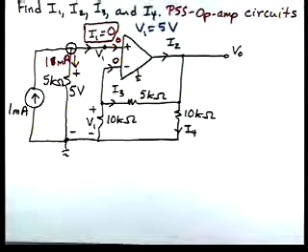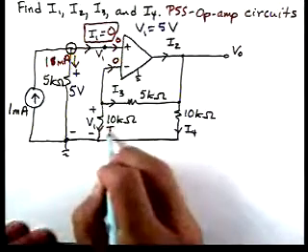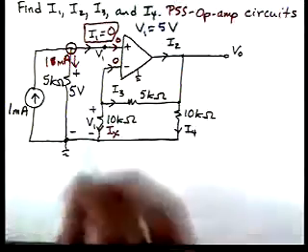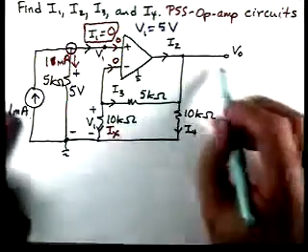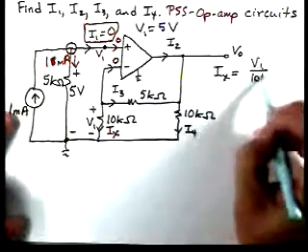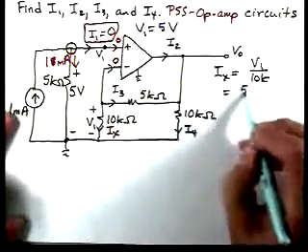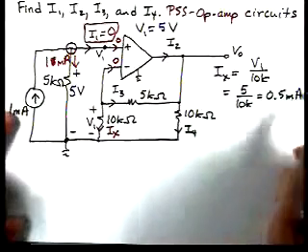And so now, if we define this current as Ix, then from Ohm's law, Ix is V1 over 10K, which is 5 over 10K, or 0.5 milliamps.